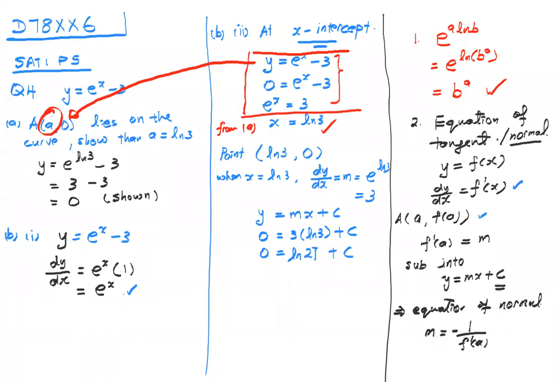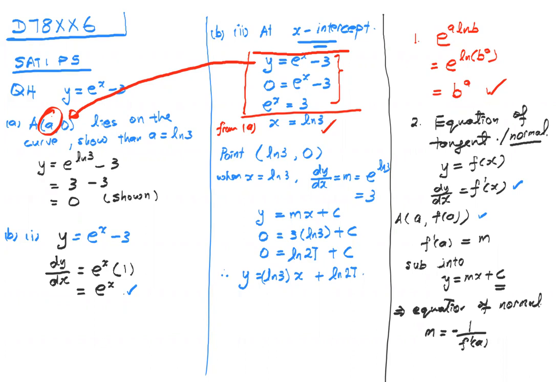Do you know why it's ln 27? Because 3 to the power of 3 is 27. Are you clear? Okay, so now therefore the equation of the tangent will be y equals mx plus c. Are you clear?